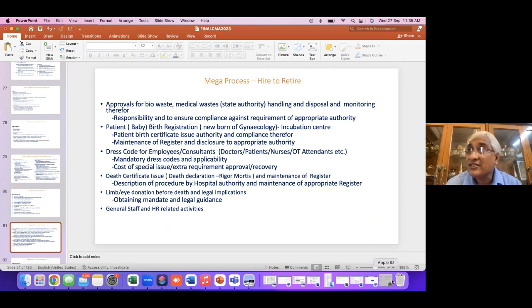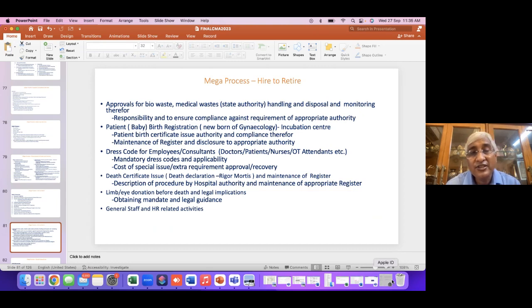Then again, there are certain statutory services like patient birth registration, for a newborn from the gynecology department. The process should start, and at the end, the local municipality or the local authority issues the registration certificate to recognize the newborn's date of birth.